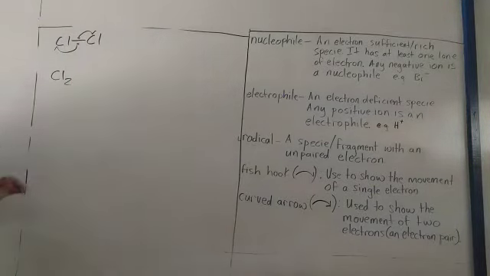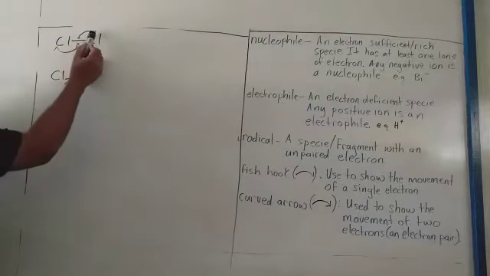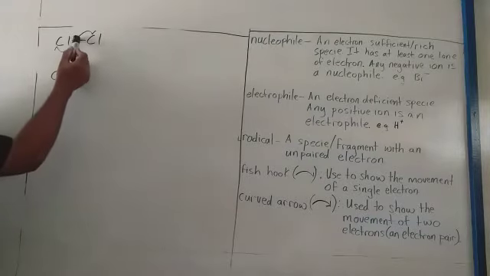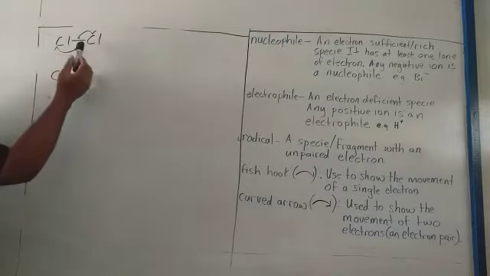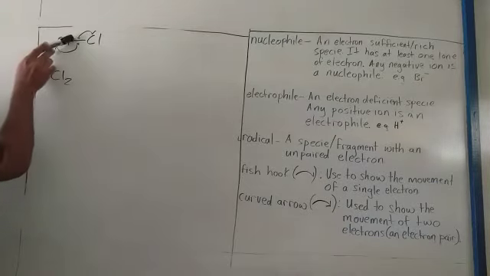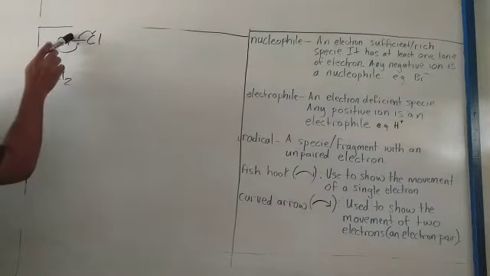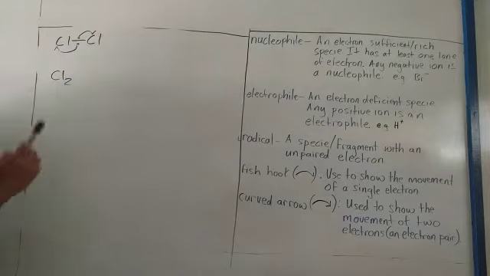So if you look, when you're drawing the curved arrow or the fishhook, it must start at the source of the electron and it must end at the destination where it is going. So we're moving the electron from the bond and putting it on the chlorine. So you always start drawing your fishhook or curved arrow from the source of the electron.